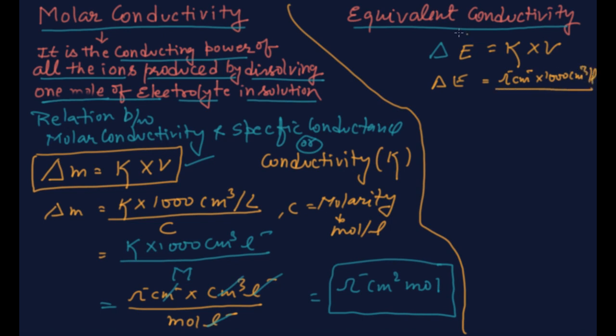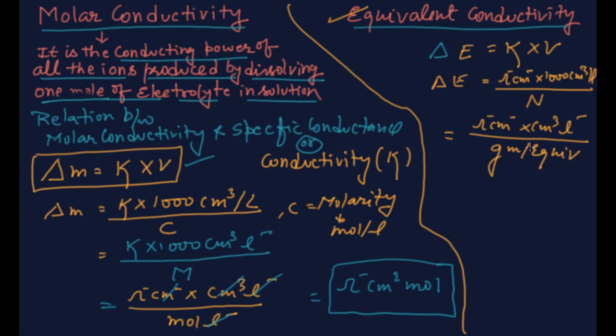And in equivalent conductivity, we consider normality. Concentration comes in terms of normality, that stands for N. The unit of kappa is ohm inverse centimeter inverse, this is centimeter cube liter inverse, and this, my dear student, is gram per equivalent.